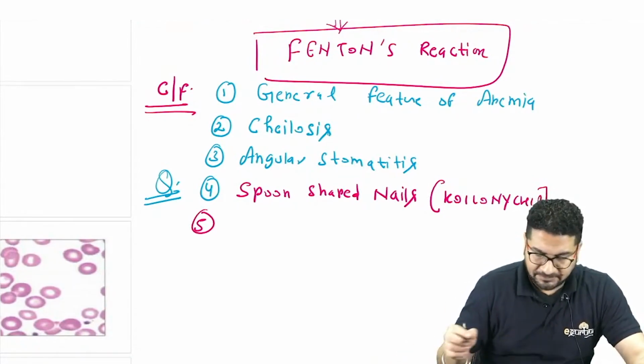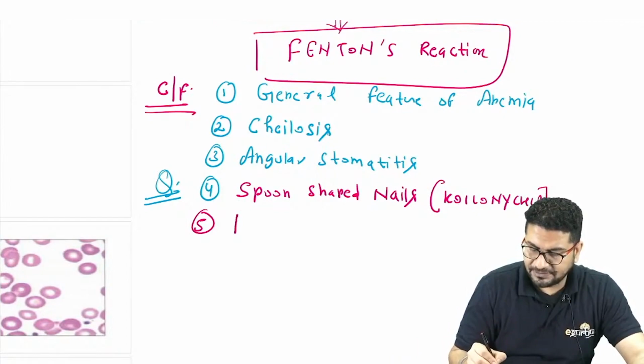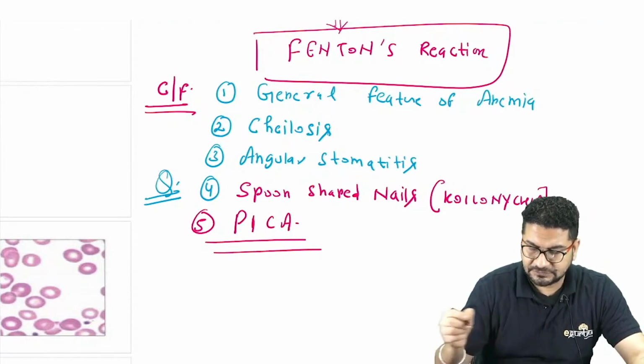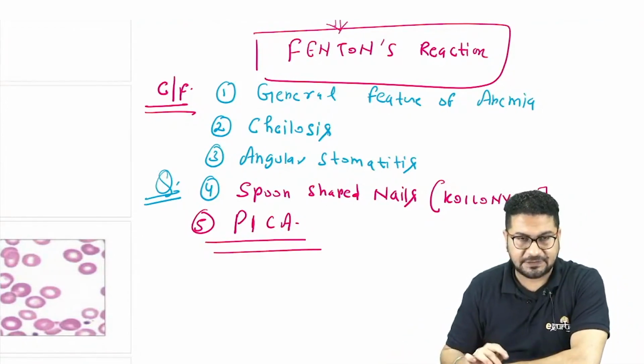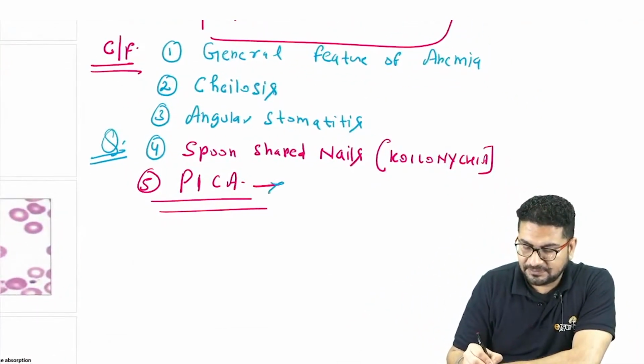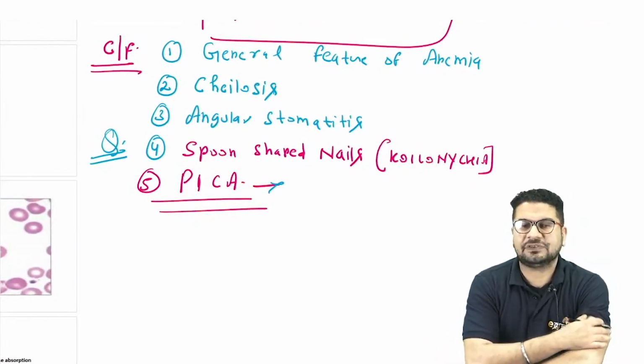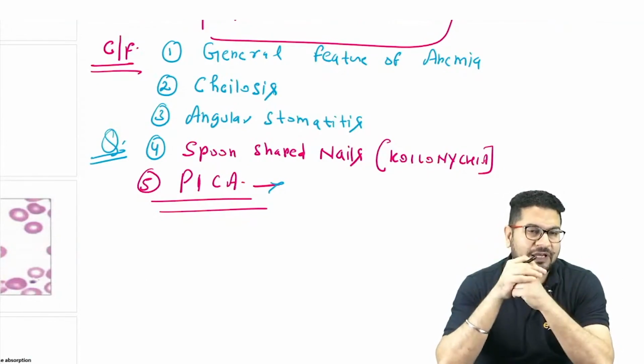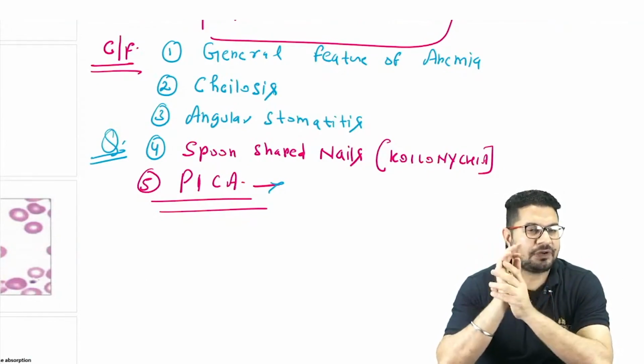And sometimes the patient can also complain of pica. So what is pica? Understand this. This is important. Pica means whenever the patient has iron deficiency, the body starts craving iron. Body craving iron means the person starts eating non-nutritive things.